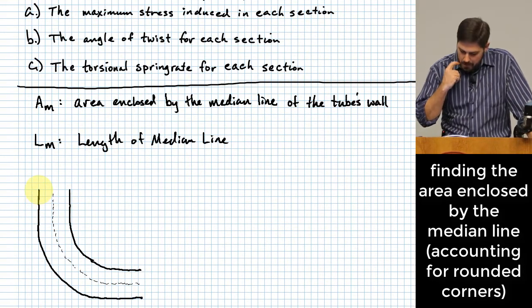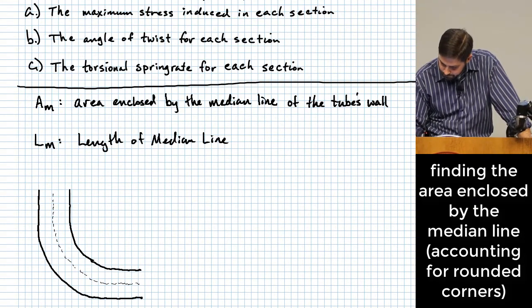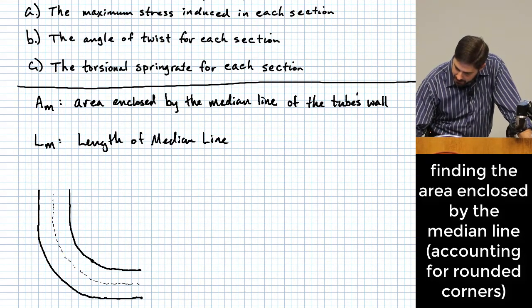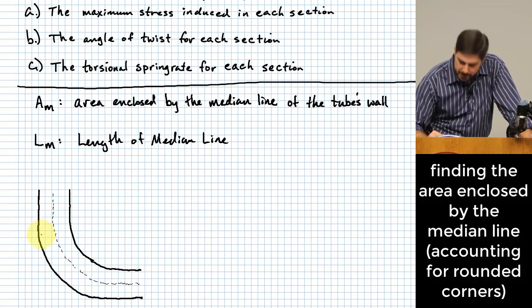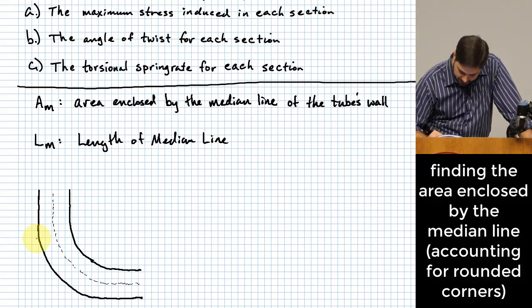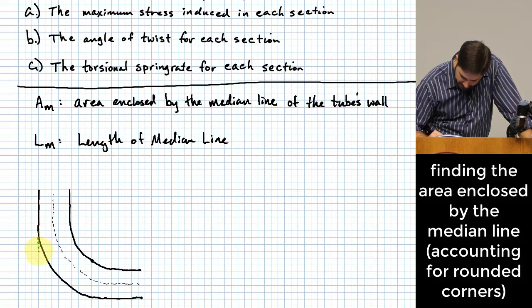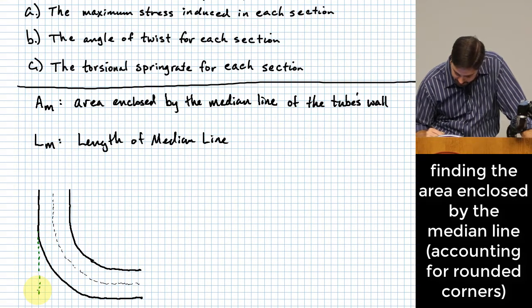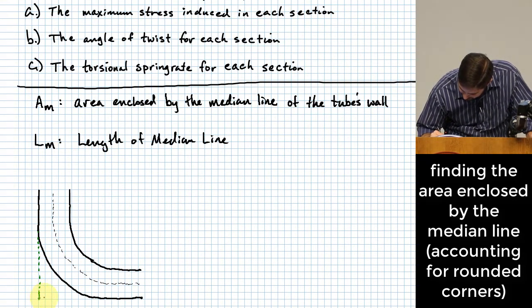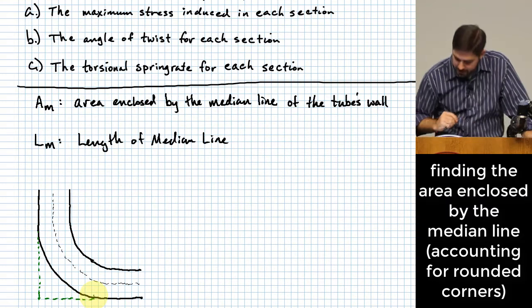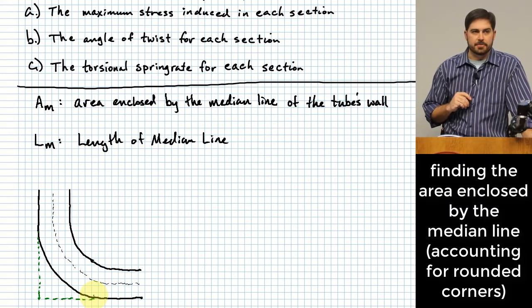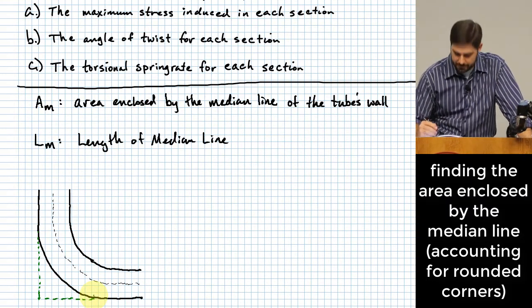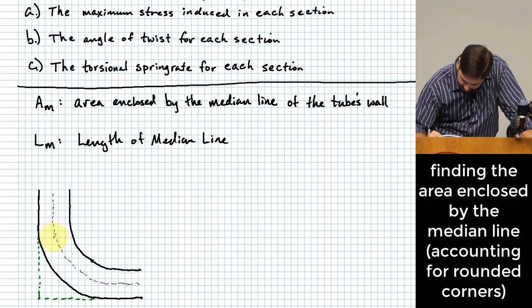All right. Now, let me also show this. If this corner wasn't rounded at all, it would do something like this, right? It would come down to here and come over to here, and the median line would also be different. What would the median line do? Kind of come down like this.